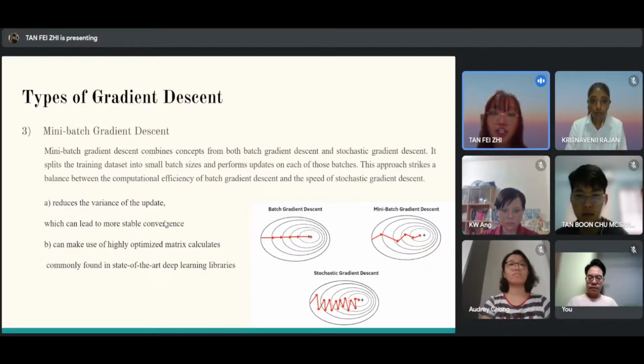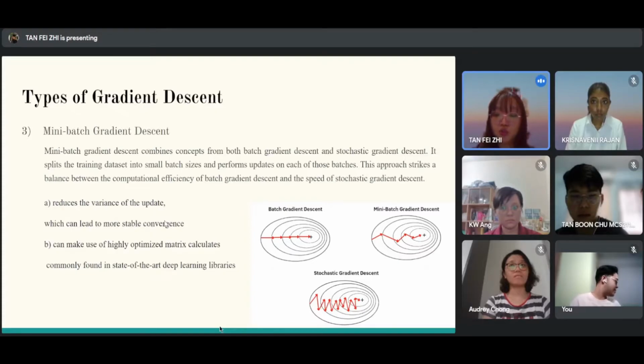Mini batch is a combination of these two methods, and it forms a middle line. Stochastic gradient descent is faster than batch gradient descent, and the best and ideal method to conduct gradient descent is actually mini batch gradient descent, which combines these two methods.